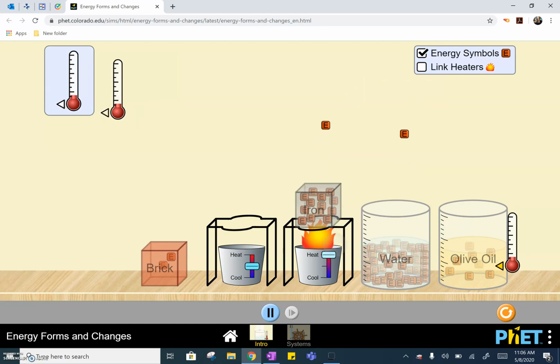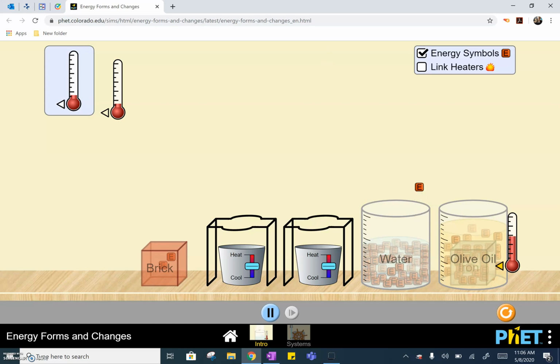And again, I said the water has a much higher specific heat capacity. So we're going to see when we heat up this iron, in which of these liquids are we going to see the most change? So in the water, we saw it went up to about that 4th line. So now I'm going to do the same thing with the oil. Okay, so notice that we increase the temperature a lot more, okay?